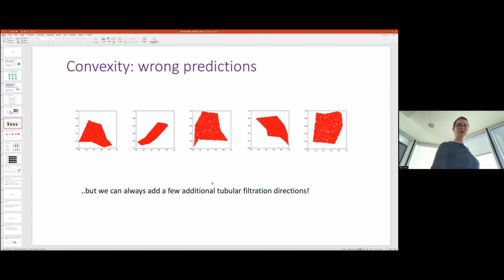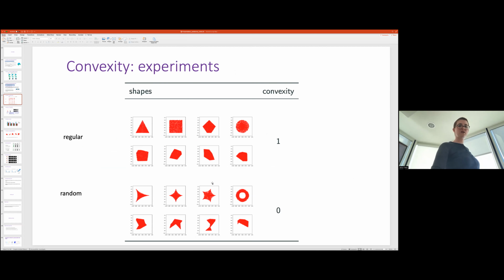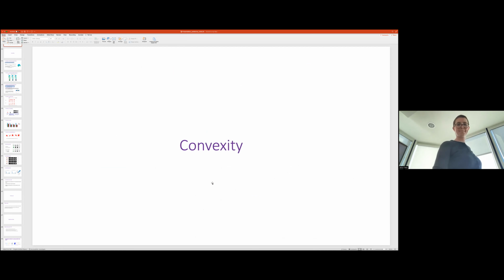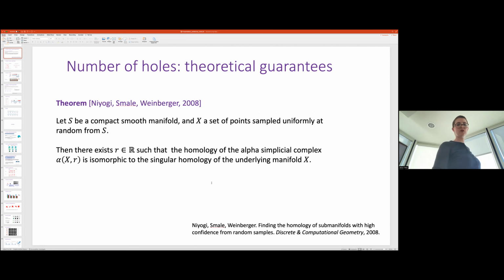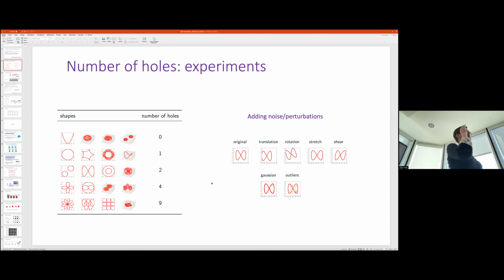Because the dimension one homology here, the holes, the number of holes. In fact, it's said that the first layers of a CNN look at the holes and something like that. But no, we didn't look.